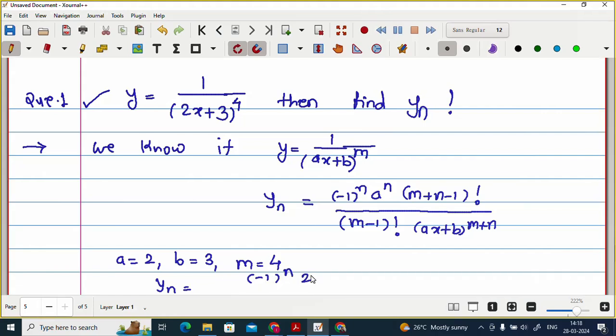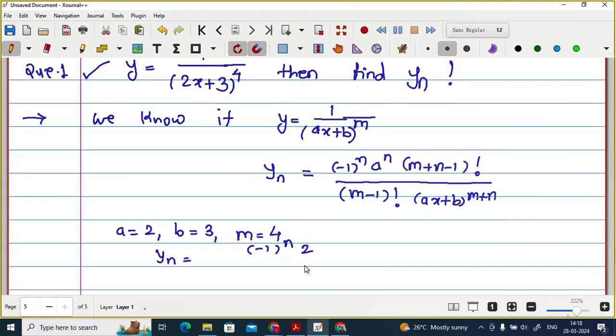So here a is 2, so 2 raised to n, then m plus n, that is 4 plus n minus 1 factorial, divided by m minus 1, that is 4 minus 1 factorial, into ax plus b, that is 2x plus 3 raised to m plus n.